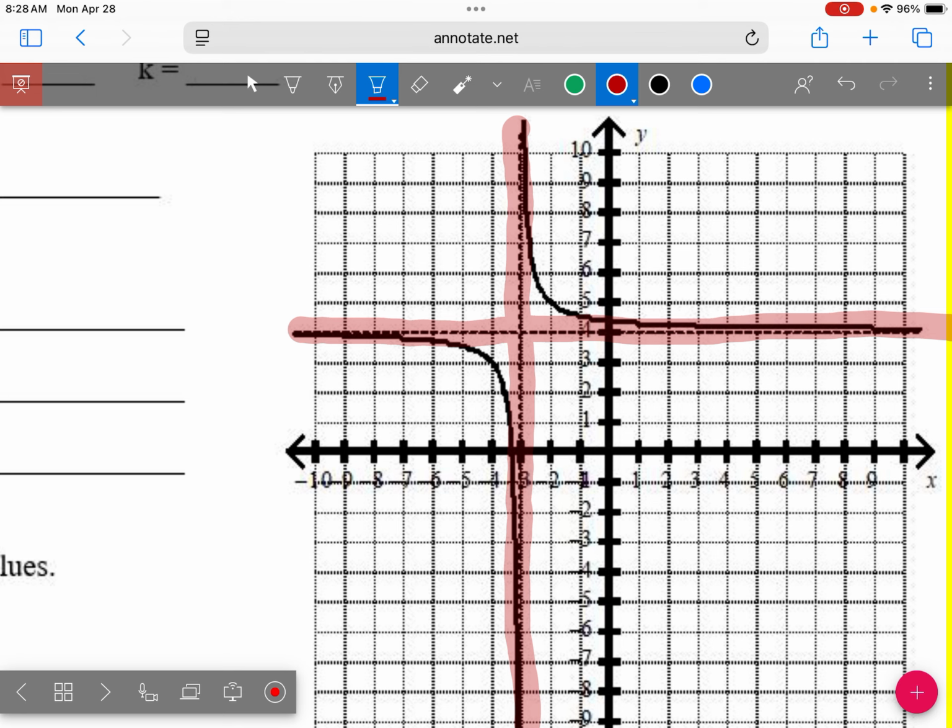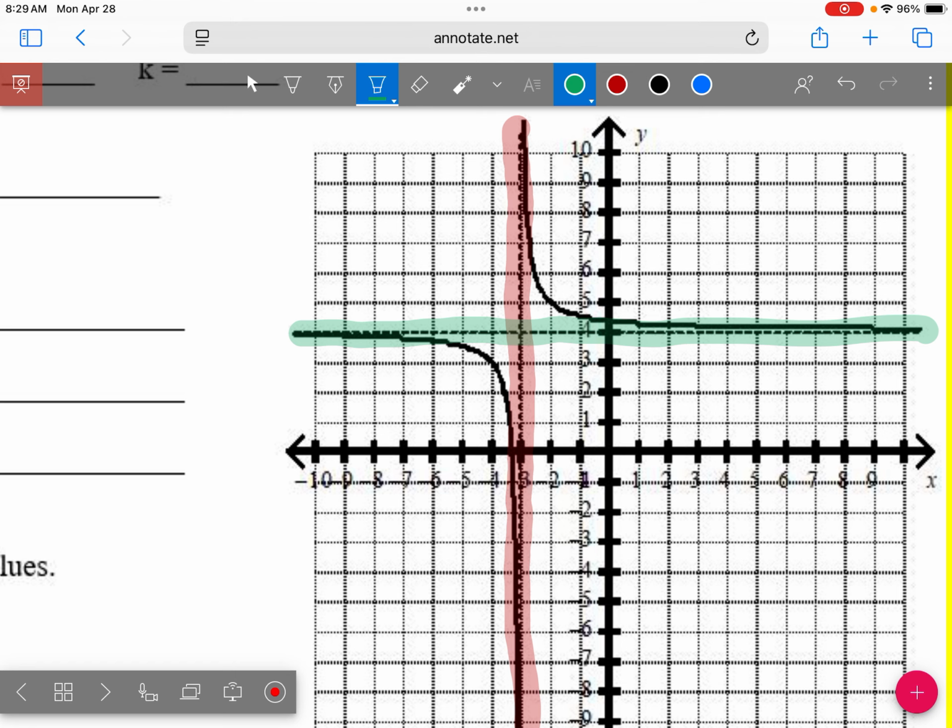So the vertical one, I guess I should have used two different colors. Actually, I'm going to make them different colors. My vertical one is the one I have in pink. Where does that go through the x-axis?